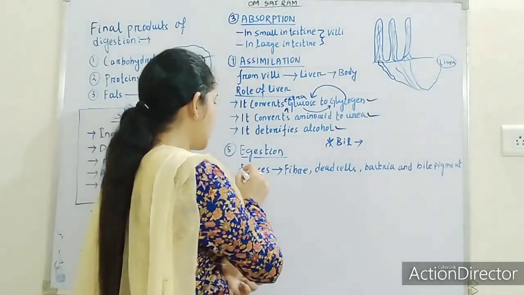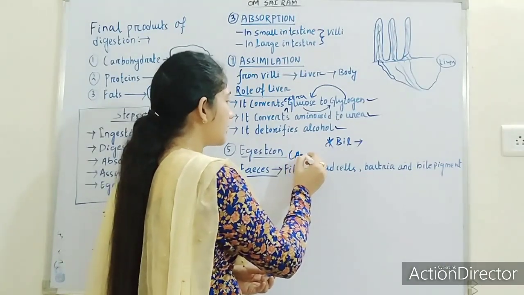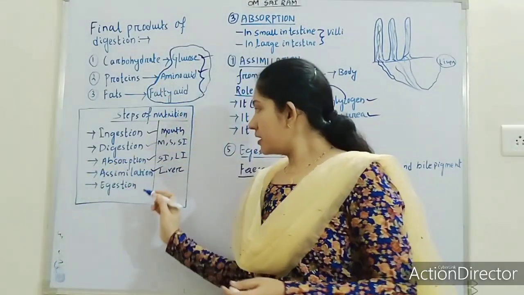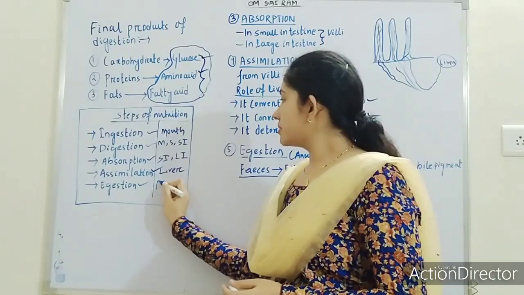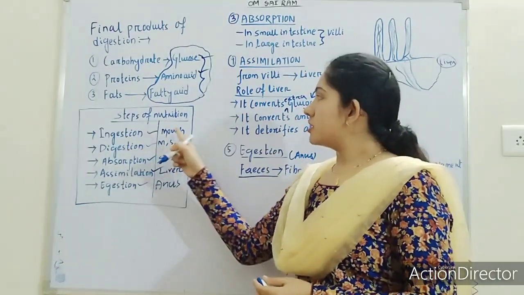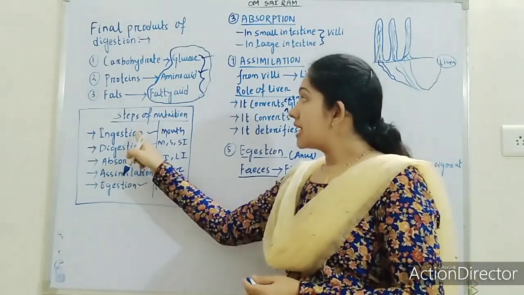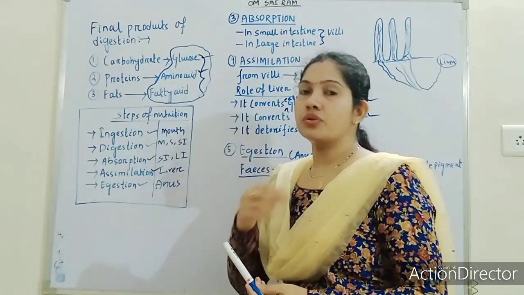Okay, so this is all about egestion. Egestion takes place in the anus. Okay, we can write here where egestion takes place: anus. Got it? Ingestion takes place in the mouth. Do not get confused between ingestion and egestion. Ingestion means taking food.